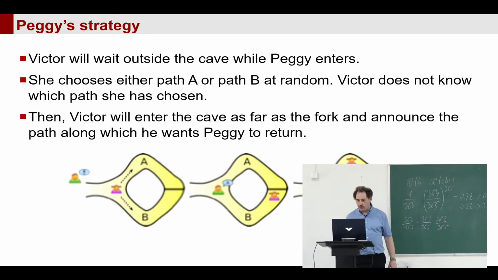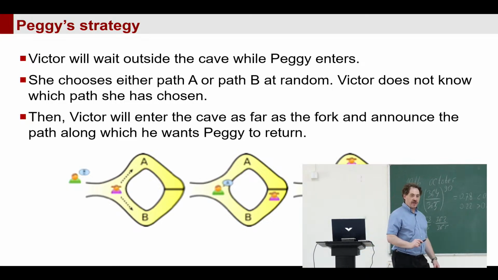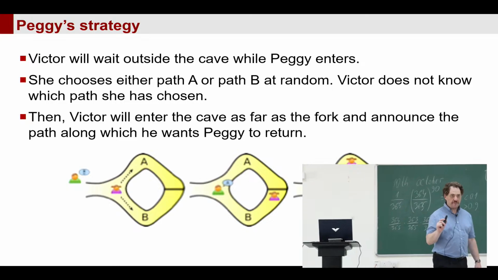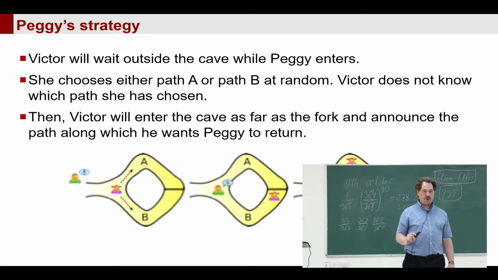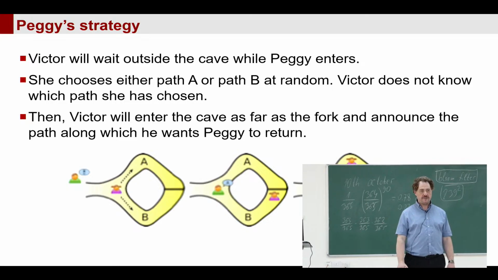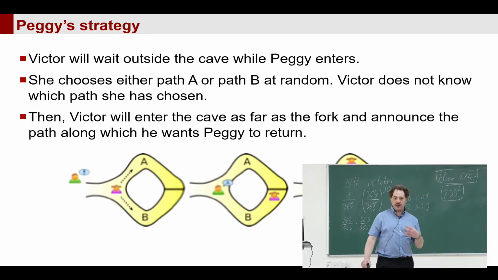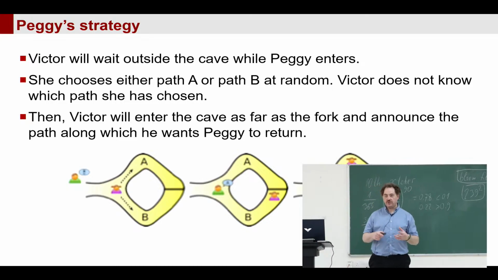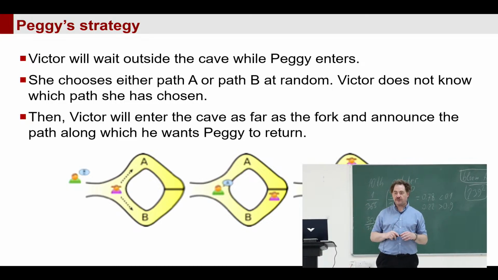What we can do is repeat the test multiple times, and Victor only accepts the statement as true if Peggy passes the test each time. Just once Peggy fails, Victor rejects. This way, after 2 rounds the probability would not be 50%, it would be 25%.